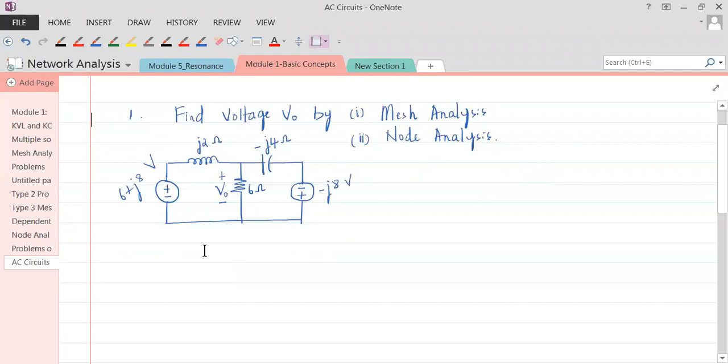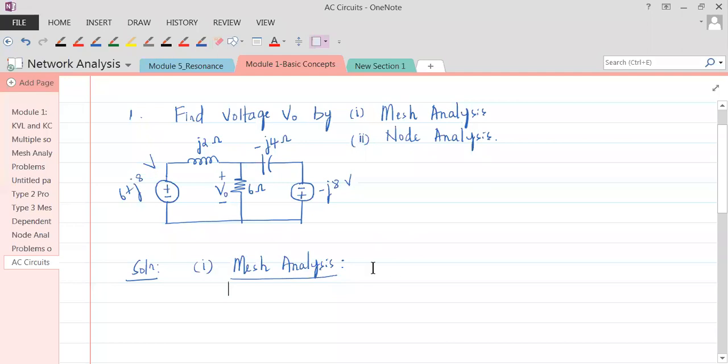In the solution, let us get into mesh analysis. First, let's solve this using mesh analysis. I hope everybody copied the circuit diagram.